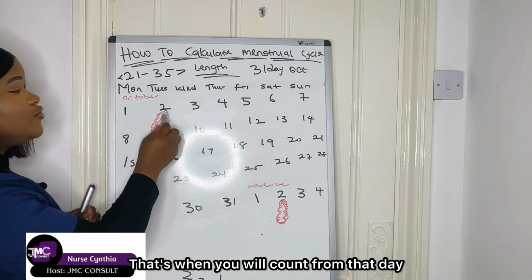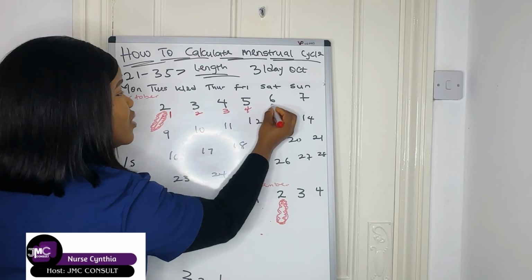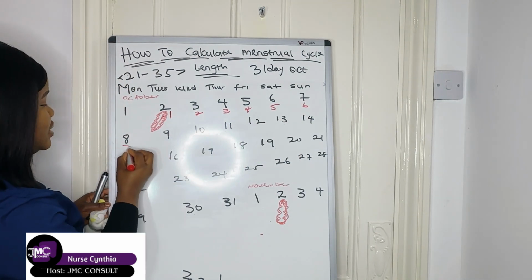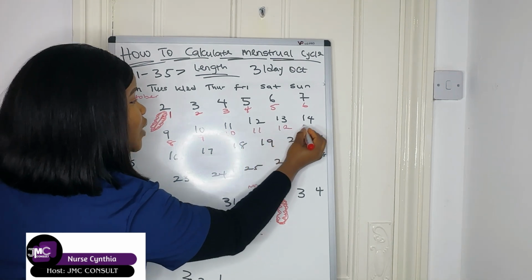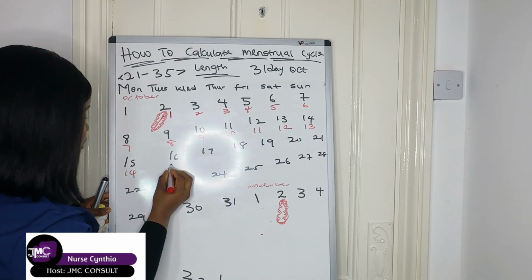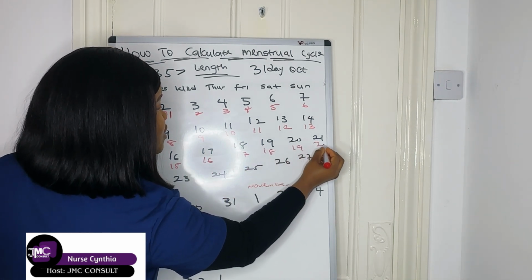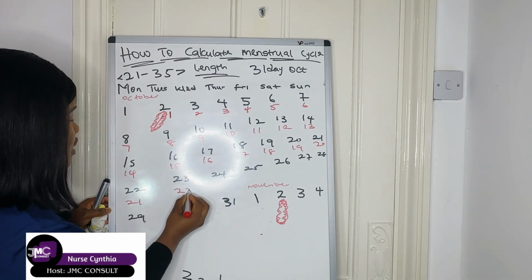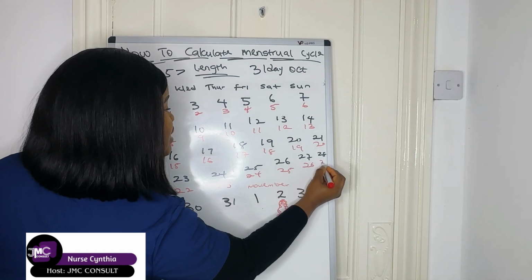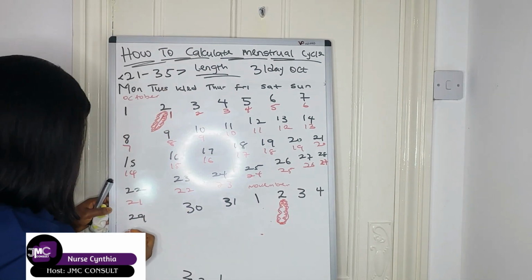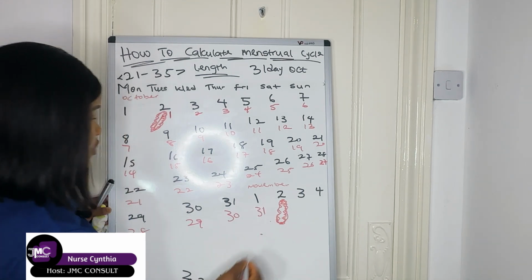That's when you will count from that day: 1, 2, 3, 4, 5, 6, 7, 8, 9, 10, 11, 12, 13, 14, 15, 16, 17, 18, 19, 20, 21, 22, 23, 24, 25, 26, 27, 28, 29, 30, 31.